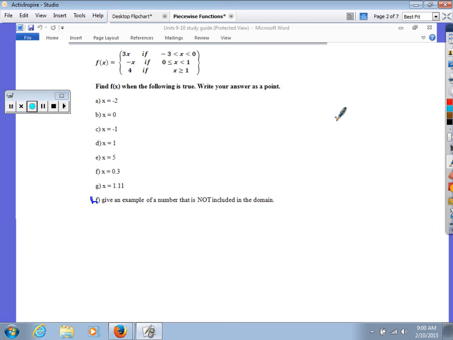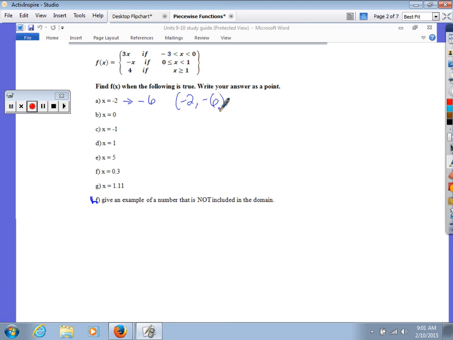First, second, or third? The first, because -2 is in between -3 and 0. So if I plug in -2 for x, I'm going to get out -6. That's your y coordinate. So your point is -2, -6.